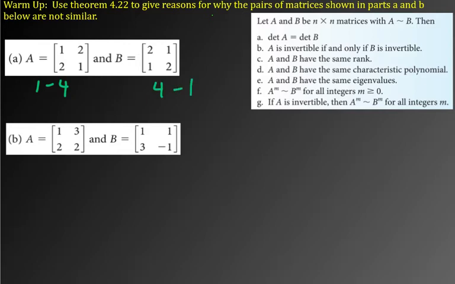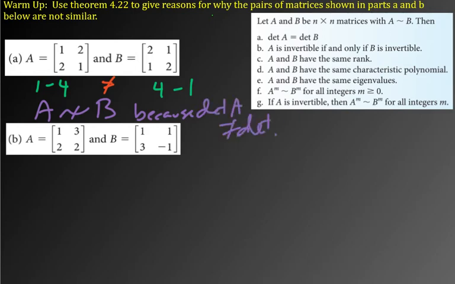And I'm pretty sure that those things are not the same thing. So that is one reason why those two would not be similar. So A is not similar to B. It kind of looks like an X, but it's a not-tilde symbol. A is not similar to B because determinant of A doesn't equal determinant of B.